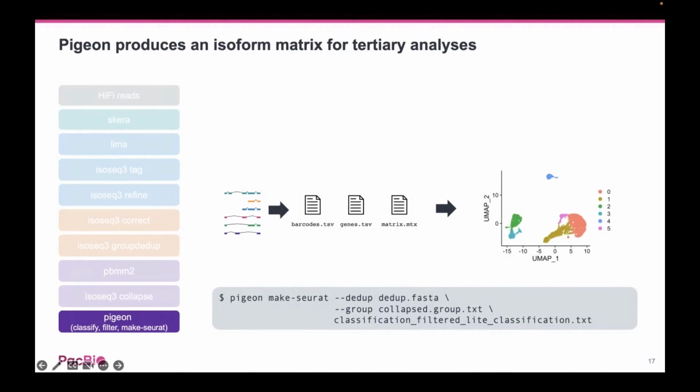Following filtering, Pigeon will also produce an isoform matrix for tertiary analyses. This will take your filtered isoforms, produce your barcodes, genes, and matrix file, as you would see with 10x Genomics Cell Ranger software, and this will be able to produce cell type clusters in your favorite tertiary analysis suite, such as Seurat, Scanpy, or Kana.